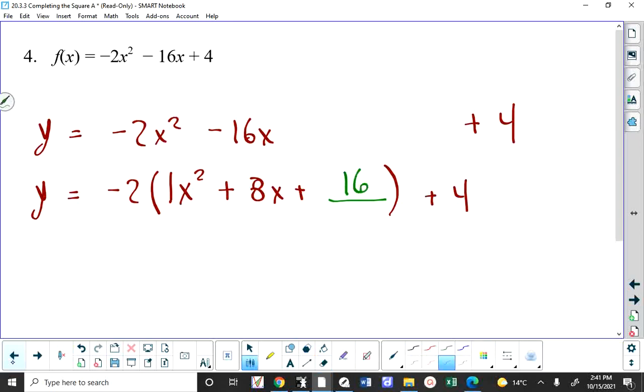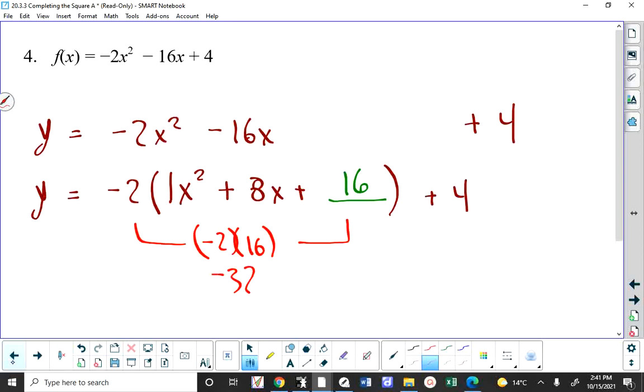So what do I do outside of the brackets? Whatever I did, I have to undo. And what I did was I wrote plus 16. But what I've really done is I've subtracted 32 from that current side of the equation, because -2 multiplied by the 16 that I wrote gives me -32.